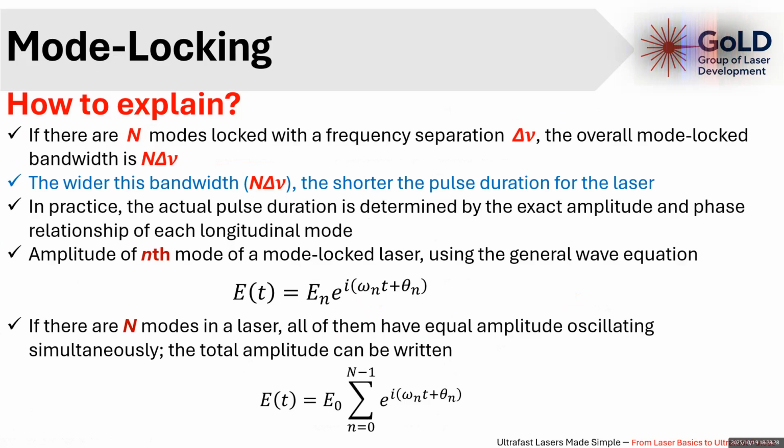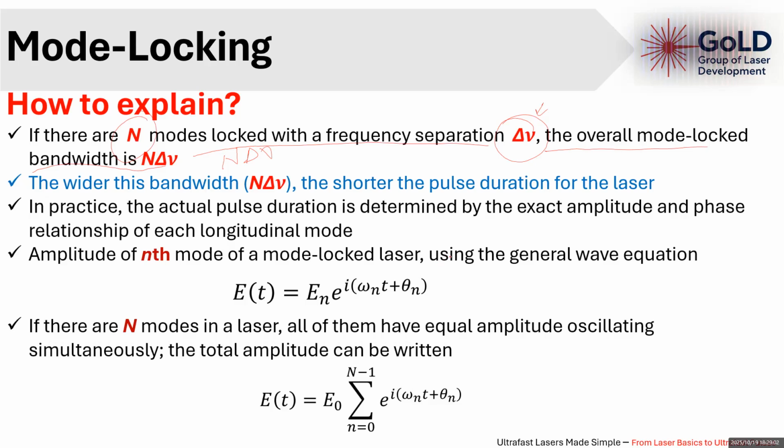So how to explain? Let's suppose n modes are locked, and the frequency separation between the modes is delta nu, and then the overall mode bandwidth is equal to this one.